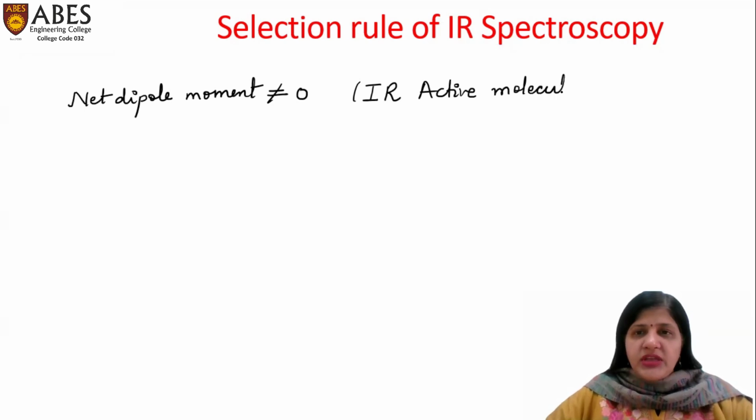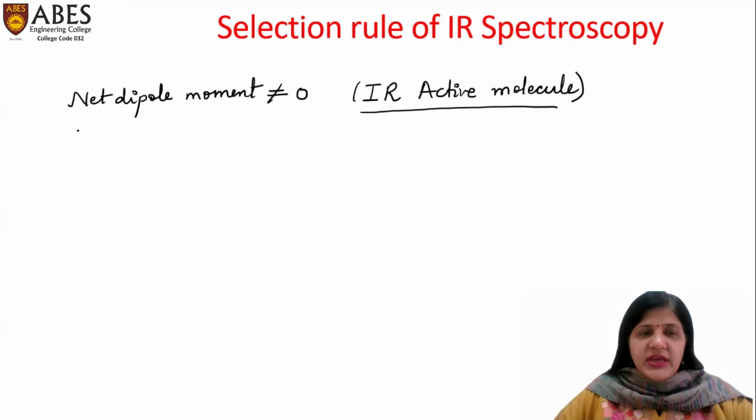IR active compound means its IR spectrum can be recorded. For example, molecules having permanent dipole moment or net dipole moment non-zero are hydrogen chloride, HCN, CO2.